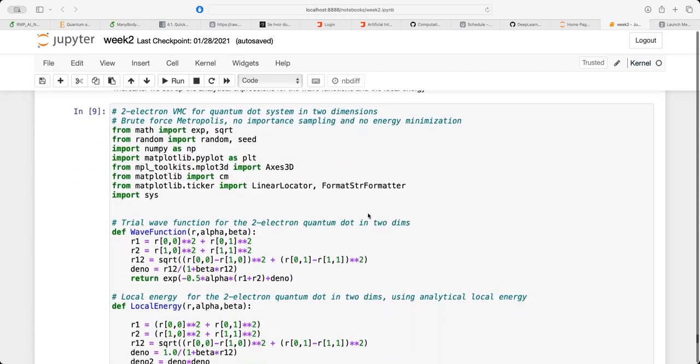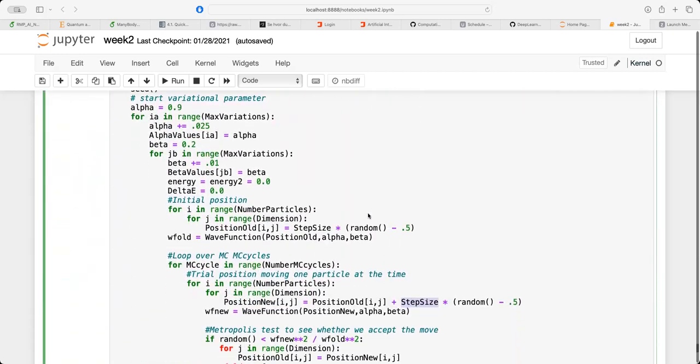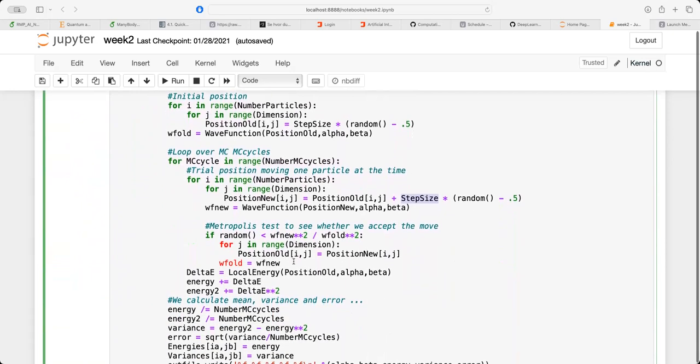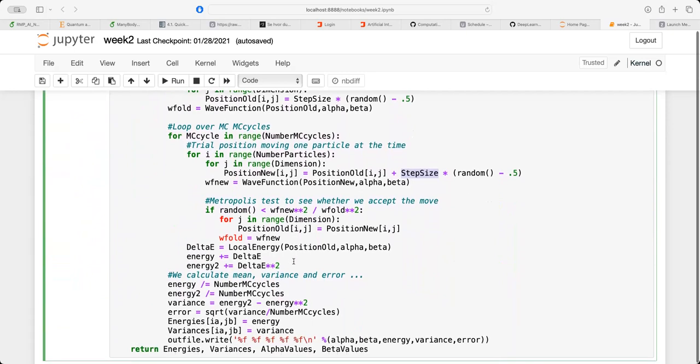So the way I did it here is not the most computationally efficient way because I'm moving all particles. In many cases, you will see it's more convenient to move one particle at a time, because then in the ratios you don't need to call the full wave function.